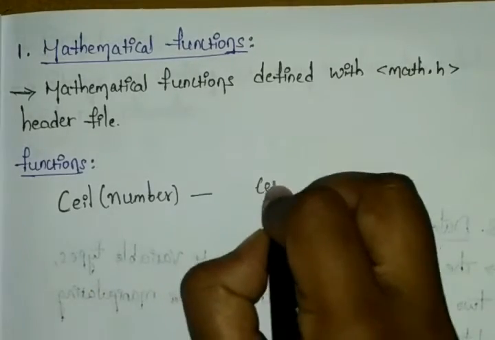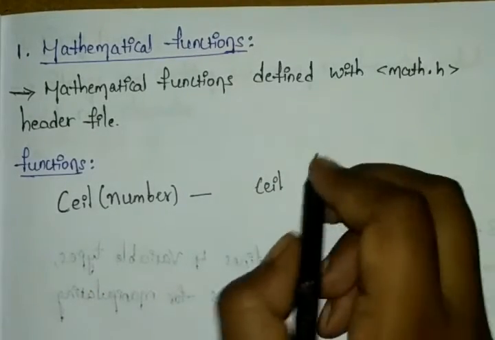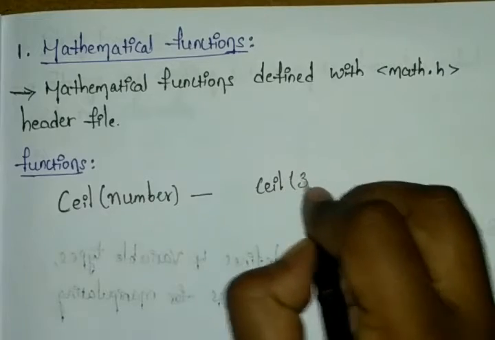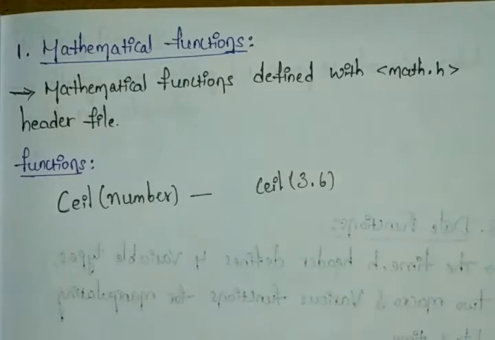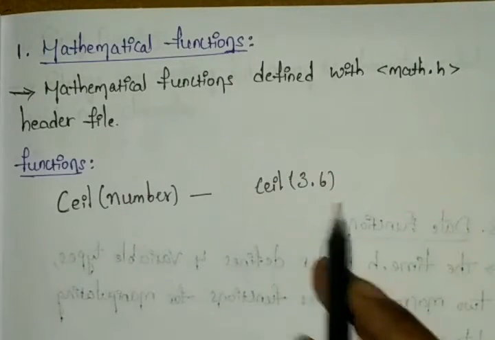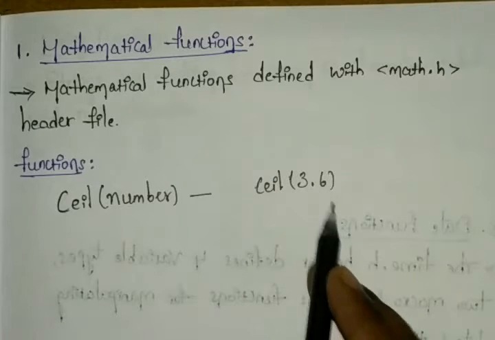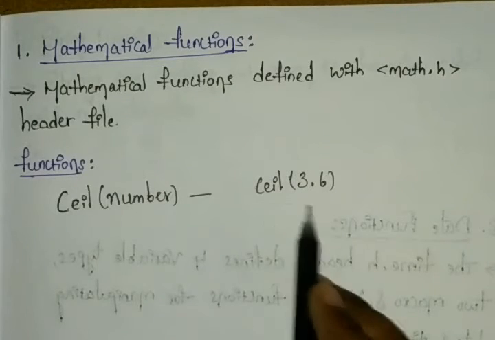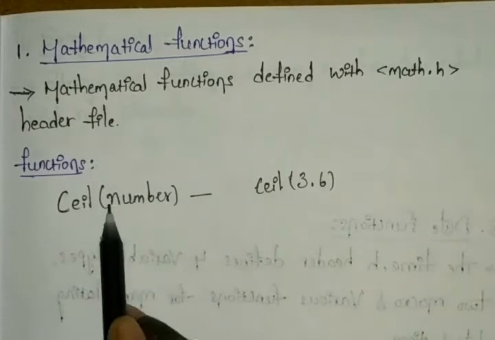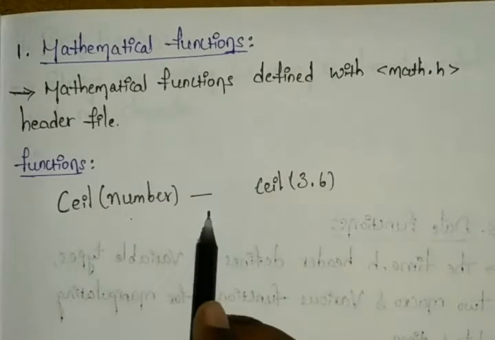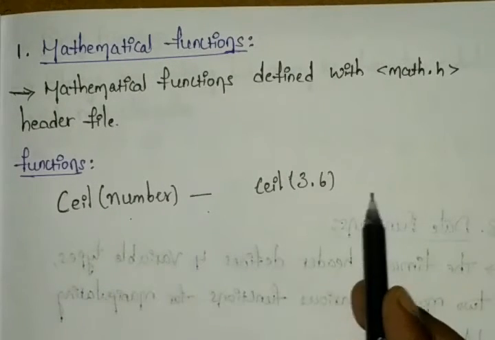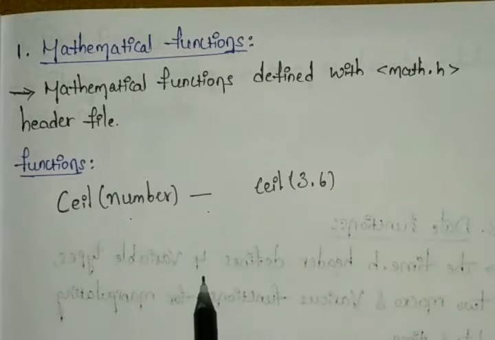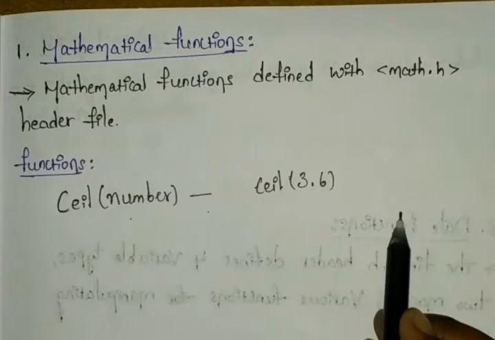For example, you can see here I'm choosing the ceil and the number 3.6. With 3.6 we are performing the round. In the ceil, whatever number you give, it takes the value greater than or equal to the given number.